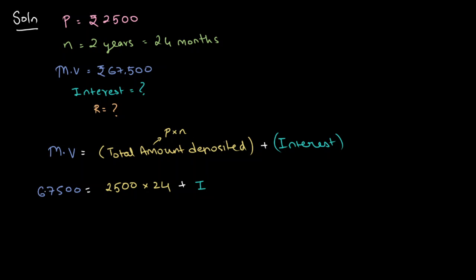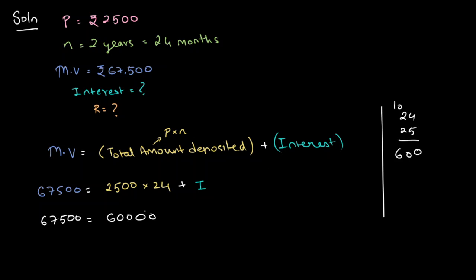So let's do that. I know I have 67,500 rupees here, and 24 into 25. Let's do that on a rough work. Right. Let's see. So 24 into 25. 25 fours are 100, so 10 carry, 25, 50, 50 and this 600. So that's going to be 60,000. Right. So 60,000.